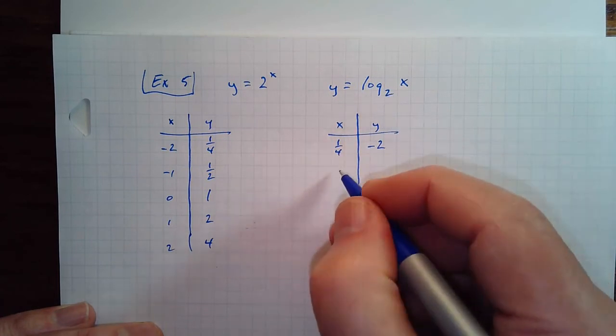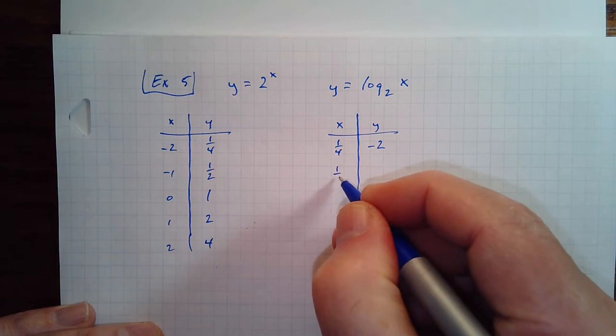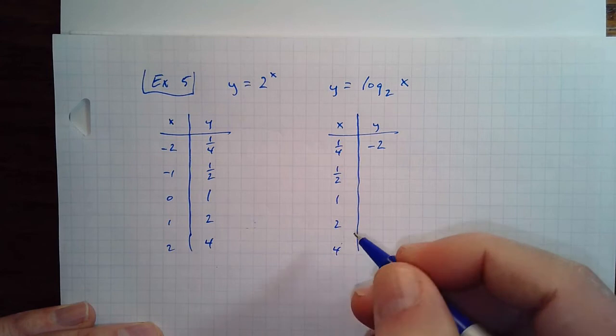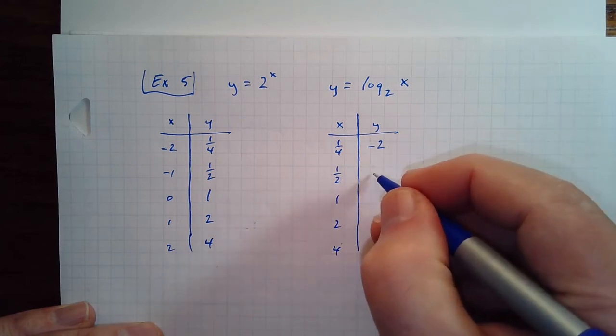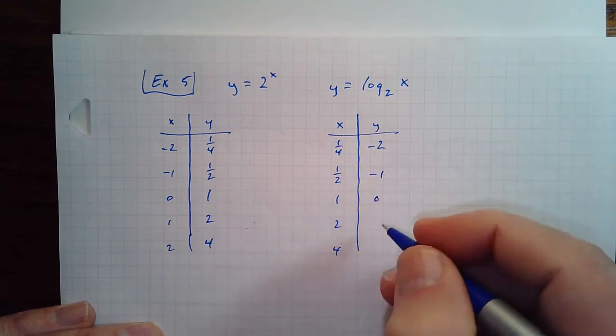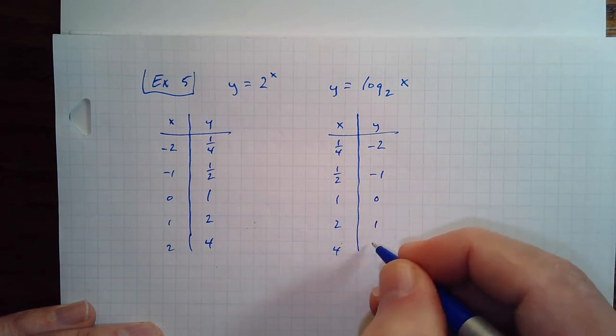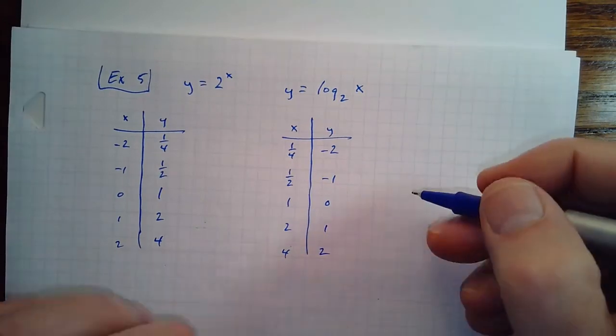And so I'm just going to take the y column and make it the x, and take the x column and make it the y. And then I'm going to graph those.